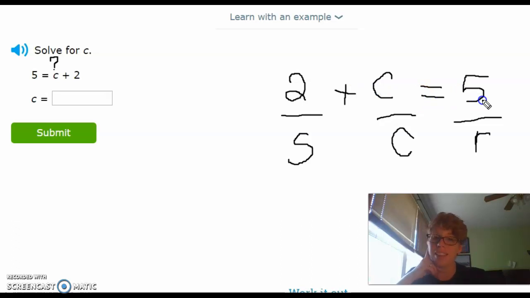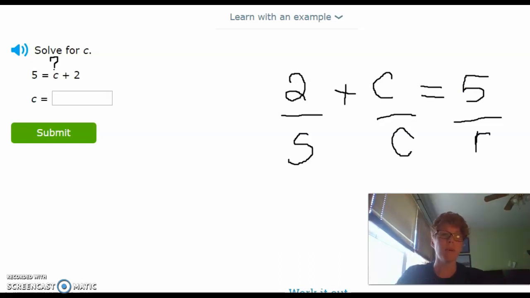Now when I say it like that, are we understanding what it may be? 2 plus something equals 5. What do we think? If I have 2 and I'm going to add more to get to 5, how many am I adding?